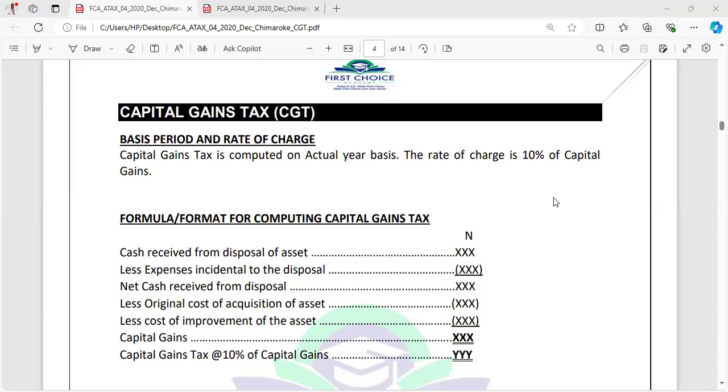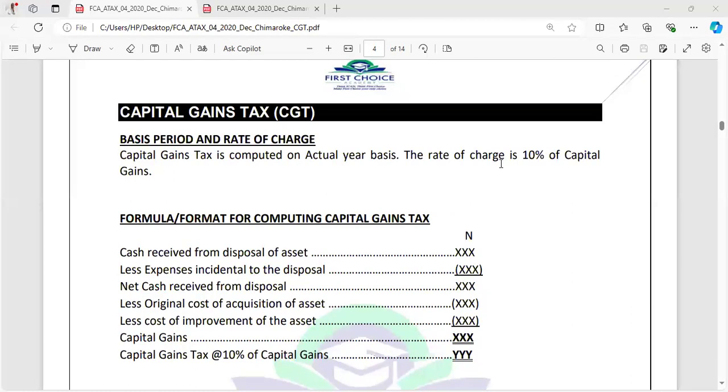Now, I will be giving you the lowdown of capital gains tax that is sufficient for your examination. Now, let's get right down to business.